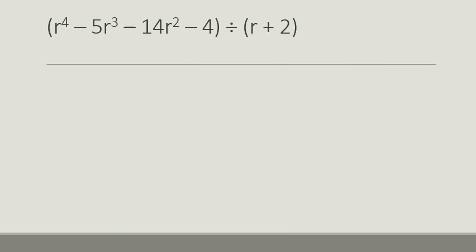Now this time when I set up this synthetic division, I've got x plus 2 equals 0, so my 0 is negative 2. But notice I've got a degree of 4, I've got a degree of 3, 2, and then a degree of 0, so I'm missing the degree of 1. So 0x to the first would give me 0, so I'm going to substitute 0 and put it right in here.